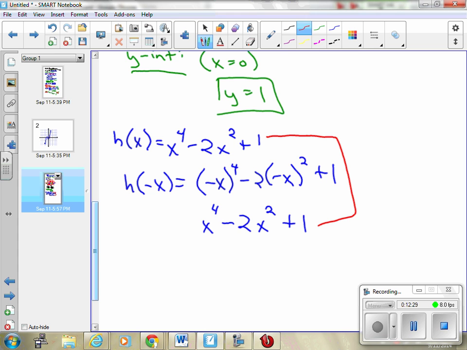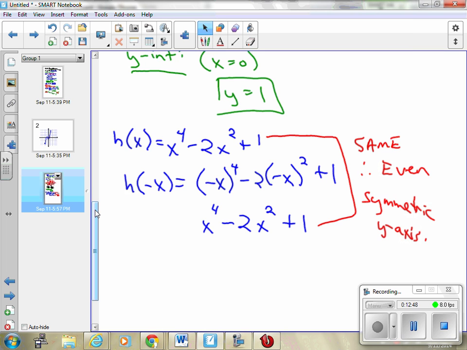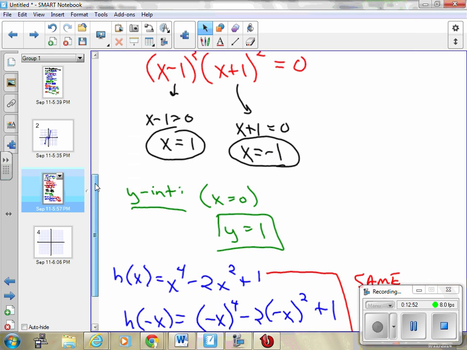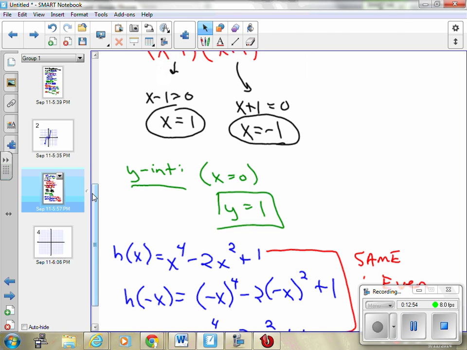So we are now going to compare these 2 guys. How do they compare? They are the same, which means we have an even function, which means it's going to be symmetric to the y-axis. So let's put this together and let's see what our graph looks like.